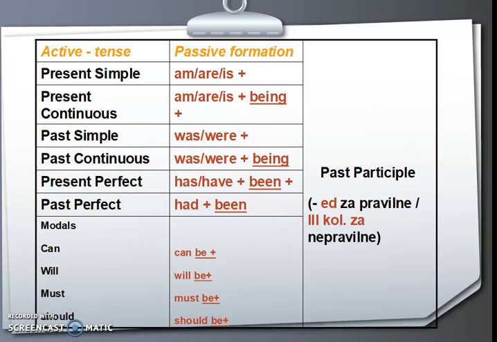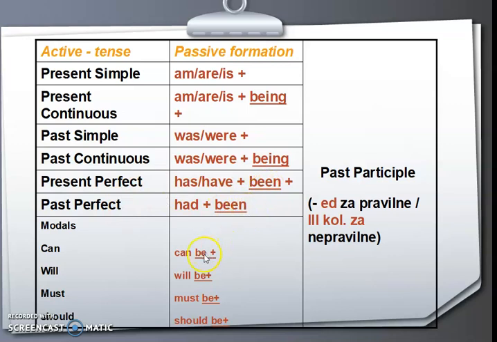So a cool thing would be to pay attention to the differences with be or being. Okay, so we have being in continuous tenses, being in present continuous, being in the past continuous. You have been in present perfect and past perfect.